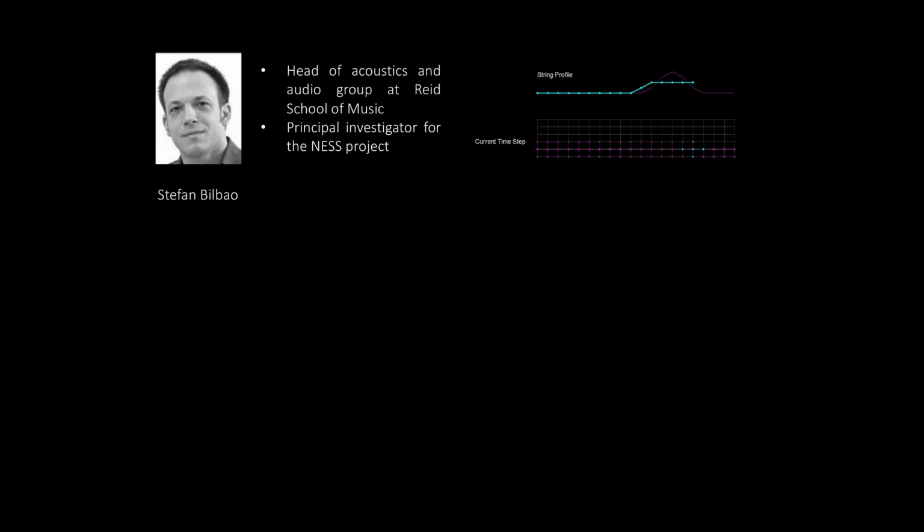And of course, one person that majorly contributed to the idea of the use of finite difference schemes in sound synthesis is Stefan Bilbao, who is one of the co-authors on this talk. Stefan is the head of the acoustics and audio group at the Reid School of Music in Edinburgh, and he was the principal investigator of the NESS project, and he wrote hundreds of papers that deal with the problem of the use of finite differences in sound synthesis.